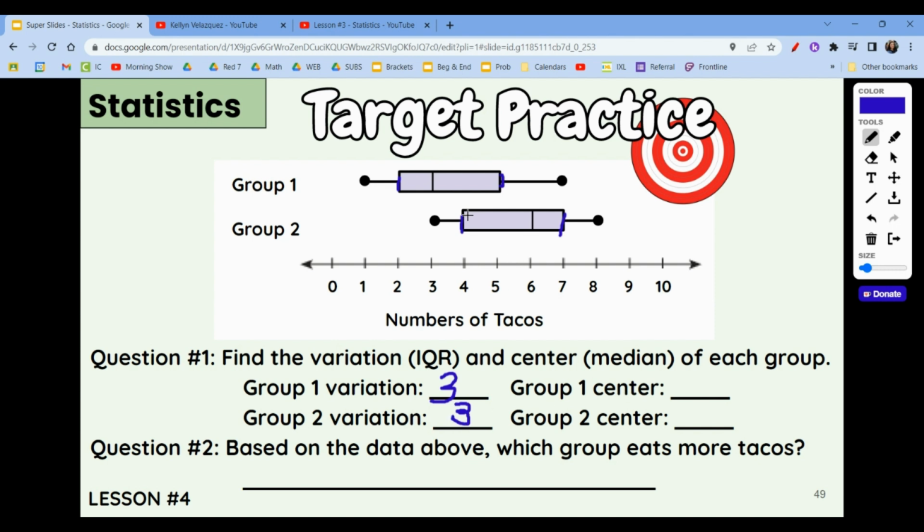Group 1's center would be the median of 3. And that's a funny 3, sorry. Group 2's center would be 6. And based on the data above, which group eats more tacos? This is my inference. I would say group 2 eats more tacos.